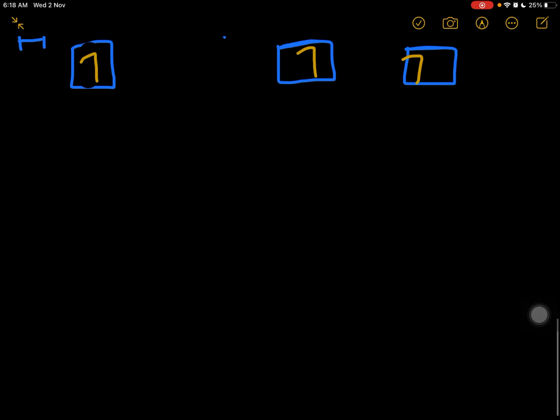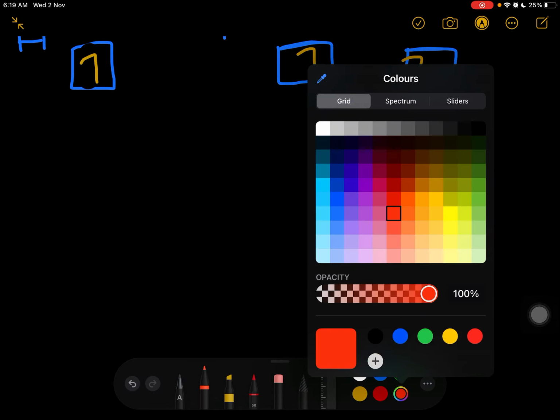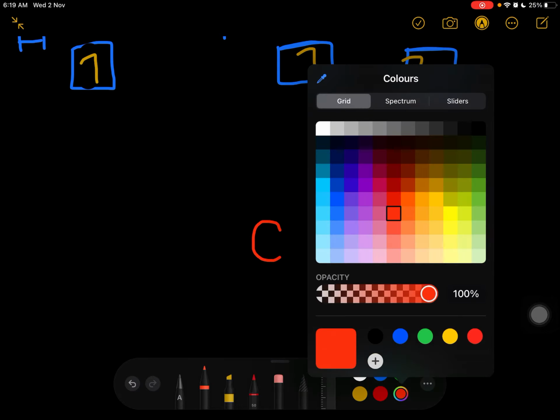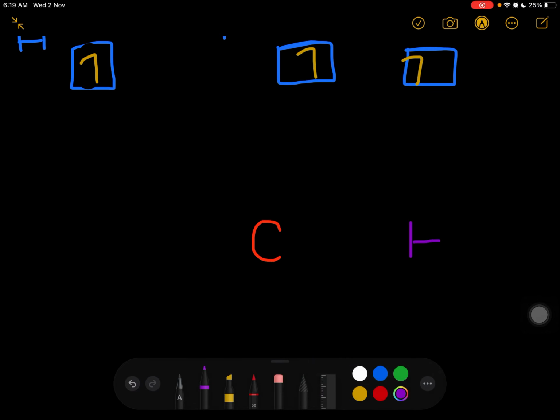Let's make the structure of methane. This is carbon, and these are hydrogen, hydrogen, hydrogen, hydrogen.